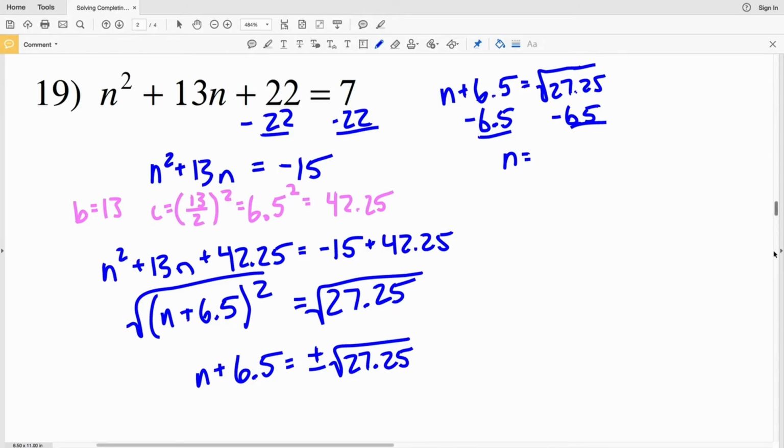-1.2798, which on our worksheet they round to -1.279, but I'm going to round that to -1.280.